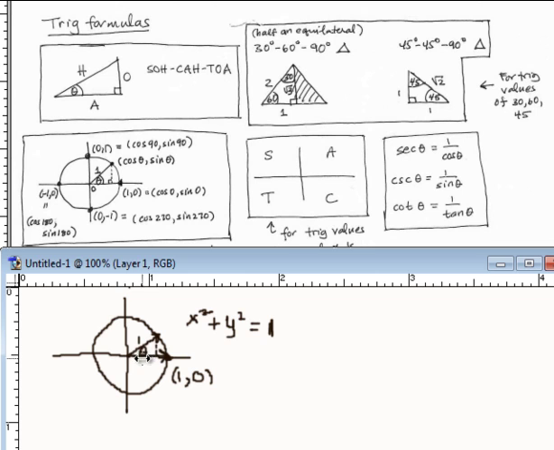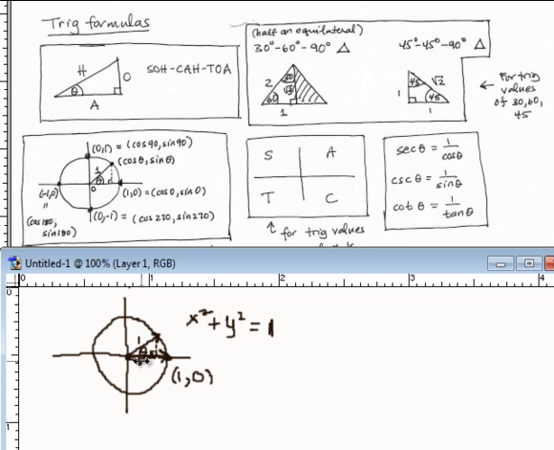Cosine theta is adjacent over hypotenuse in this little right triangle. The hypotenuse is 1, so cosine theta is the length of this horizontal side divided by 1. So this length is equal to cosine theta.